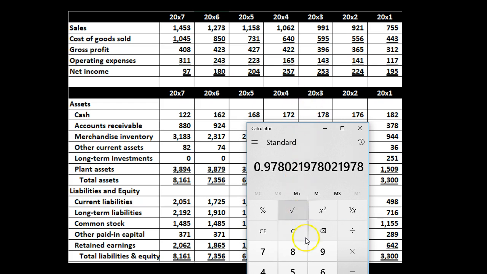That's going to be the 0.97. And then we can continue on to 2000x4, 172, divided by 182. That's going to be the 0.94. And then we can go to 2000x5, 168, divided by 182. And that's going to be the 0.92. And again, we're basically comparing everything to 2000x1.